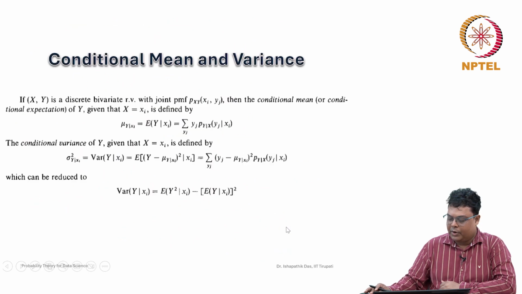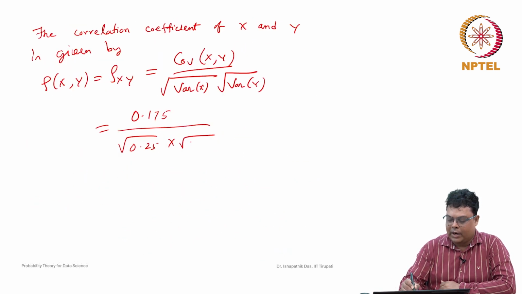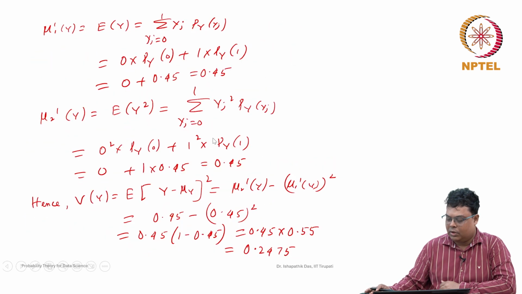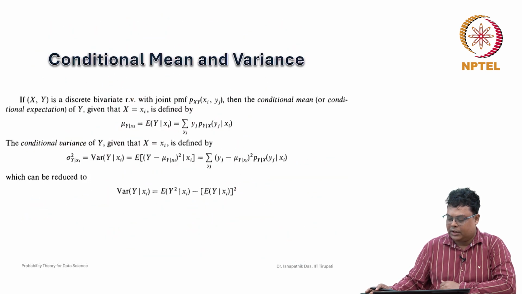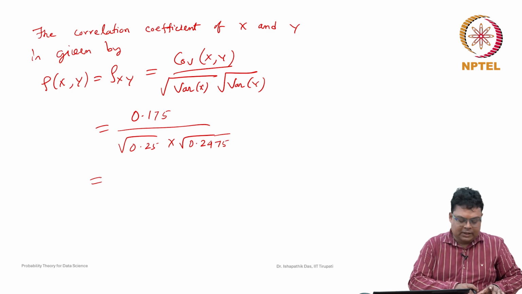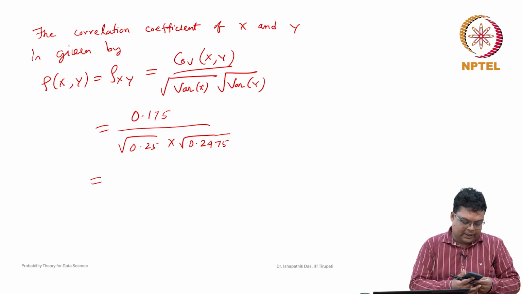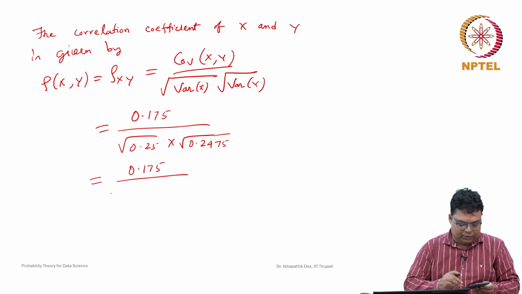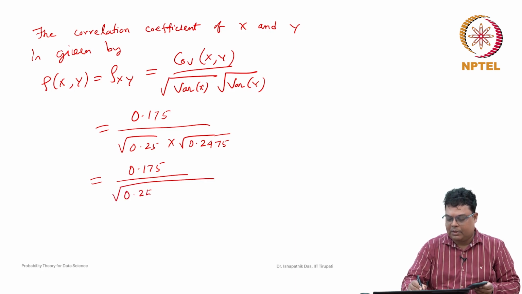Then we replace 0.2475 here. The remaining thing is to just compute it, and you can use a calculator. Finally this is 0.175 divided by the square root of 0.25 into 0.2475.